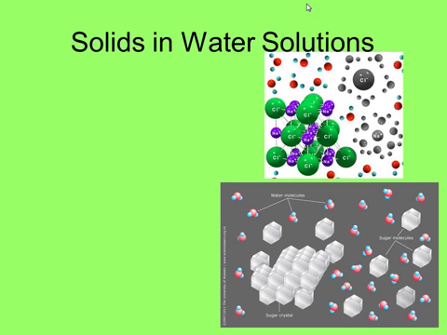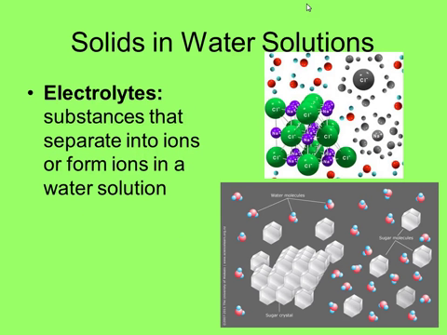Not right now. So, solids and water solutions. There are 2 kinds. Electrolytes, which are substances that separate into ions or form ions. Those are electrolytes. Notice electrocution, electrolyte. Electrolytes: substances that separate into ions or form ions in a water solution.